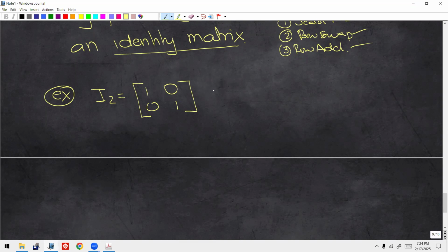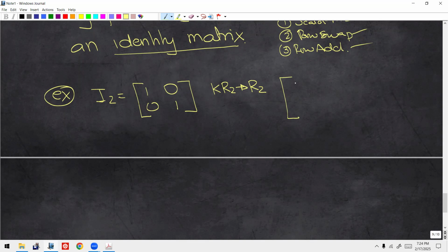I'm going to pick any row, doesn't matter which one. So I'm going to take the second row and multiply it by some scalar k. So k times R2 will give us a new R2.